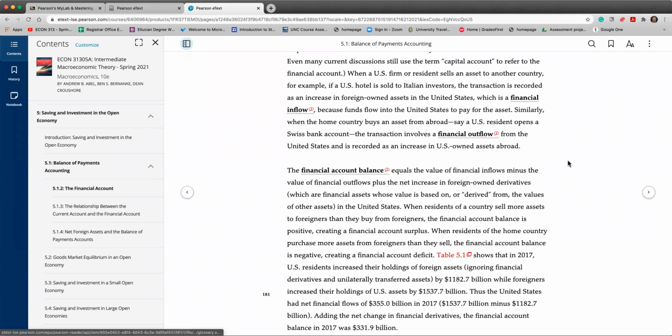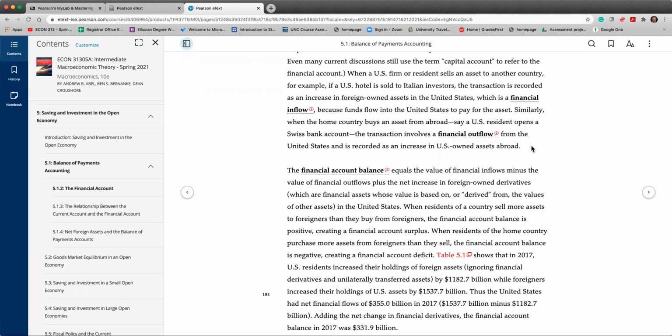That's a financial outflow because the dollars are going out of the country, and that's recorded as an increase in US-owned assets abroad. So in essence, we're lending money to another country in that case.